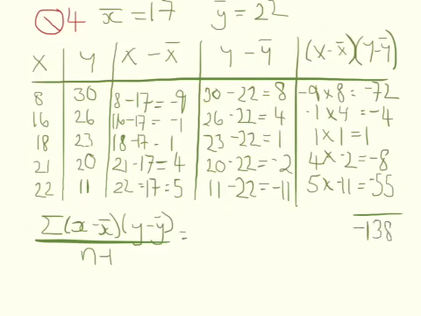I then divide by n minus 1, 5 pairs of data, so I'm dividing by 4, and that gives me negative 34.5 as my covariance.